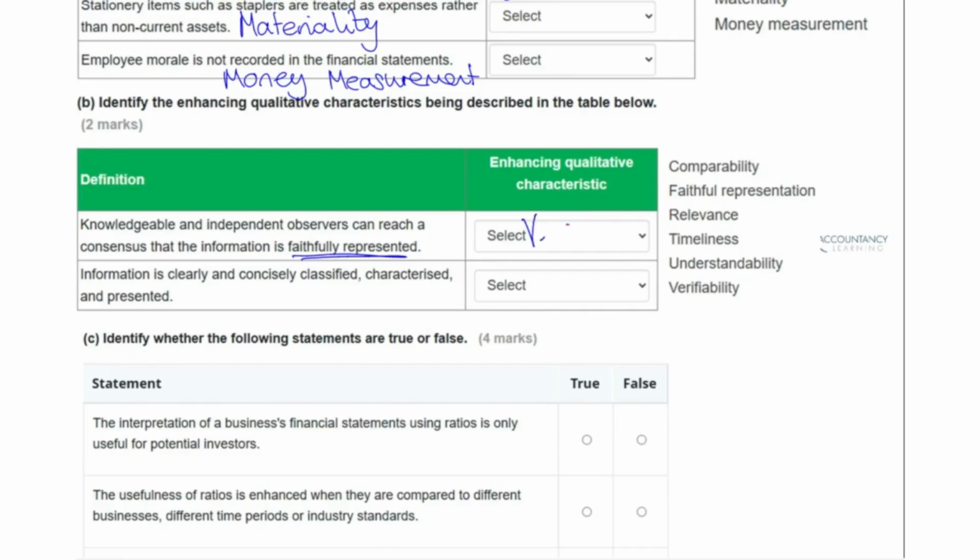So it's about verifying it, so verifiability. Information is clearly and concisely classified, characterised and presented. So this is about whether it can be understood. So understandability.